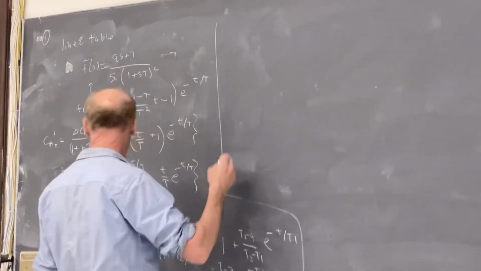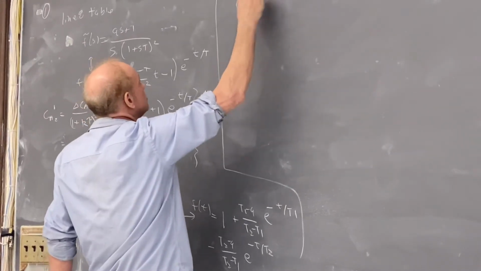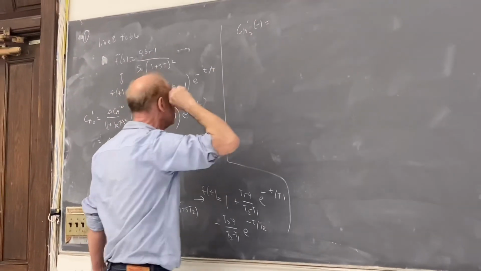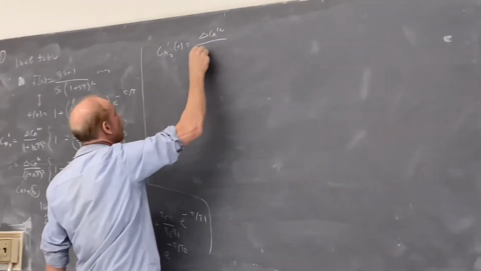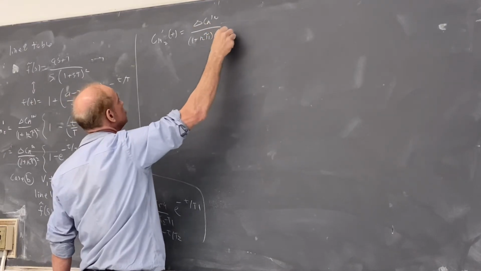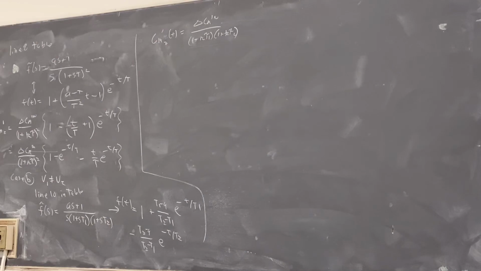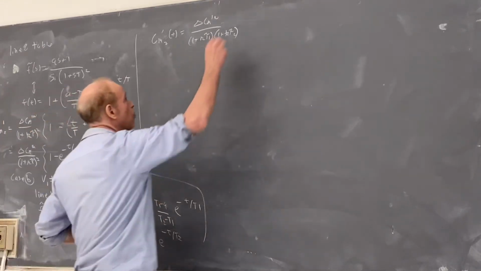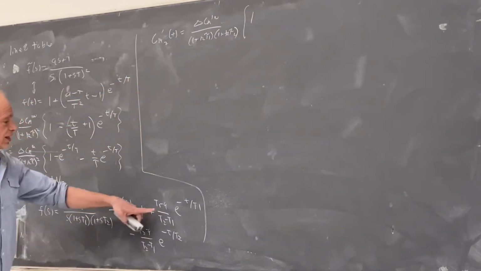Now let's write that one. In case B, I have CA2 prime of t equal to delta CA in over (1 plus kτ1)(1 plus kτ2). Those are the constants. And now, from this, a is 0, so I just drop a.